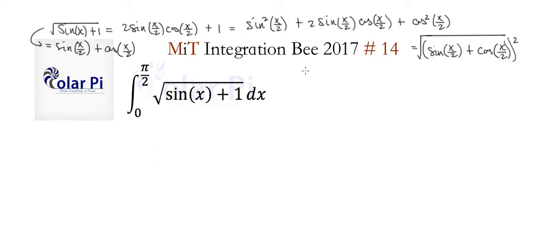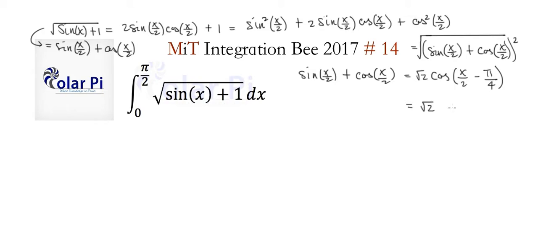Now, furthermore, notice that sine x over 2 plus cosine x over 2 is equal to root 2 times cosine of x over 2 minus pi over 4. Now, you could pick up a pencil and paper and see to it that the cosine of alpha minus beta formula times root 2 gives you this exactly, but it does. And I'm not going to demonstrate that here because it's not really terribly interesting, right?